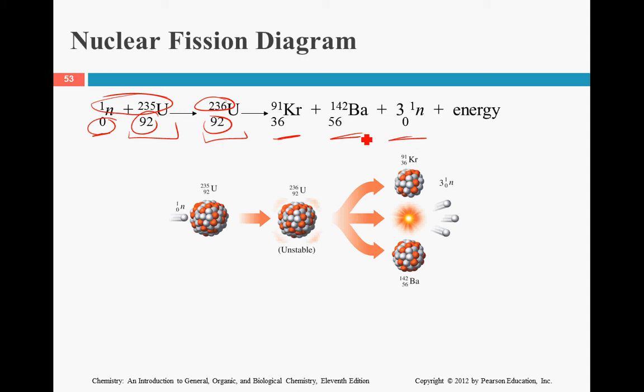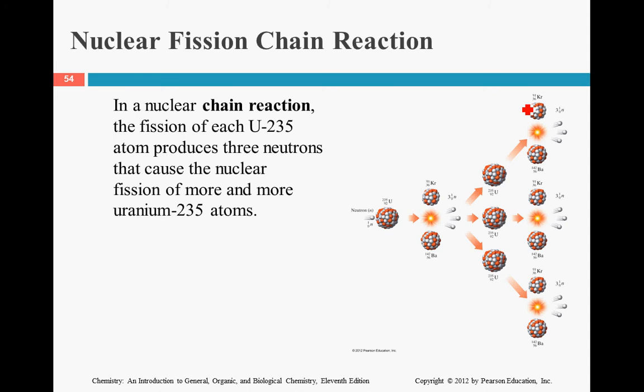So 1 krypton, 1 barium, and then 3 more neutrons, and a lot of energy. And then those 3 neutrons then hit 3 other uranium-235s, and it happens all over again.